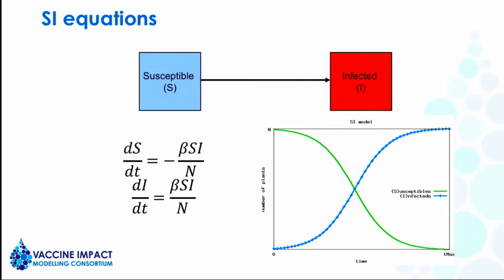If we start with almost everyone susceptible and maybe one infected individual, and then we simulate that forward, this is saying that if we've got a lot of S and just one infected person, we're going to get slowly a growth in the number of infected people as people move from S to the I compartment.